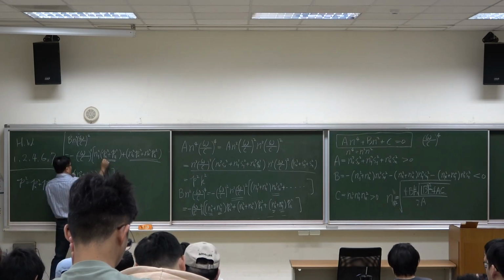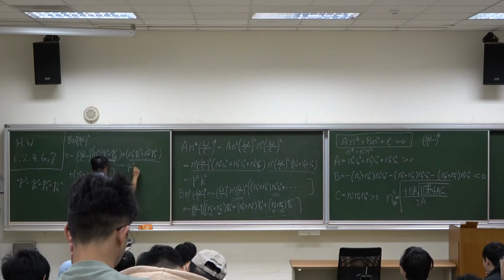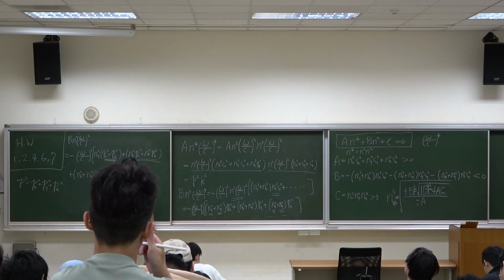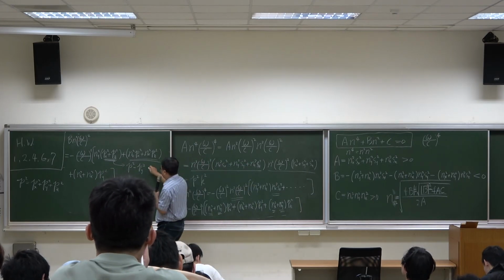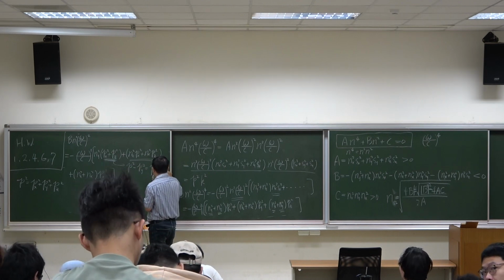So the summation of these two squares is equal to p squared minus py squared, okay, or p squared minus ny squared ky squared.